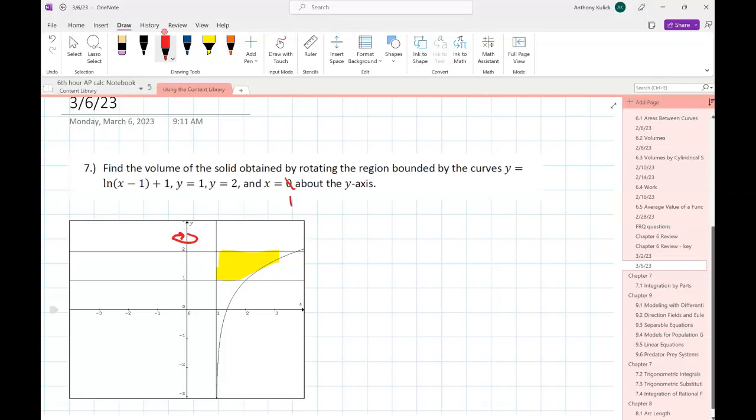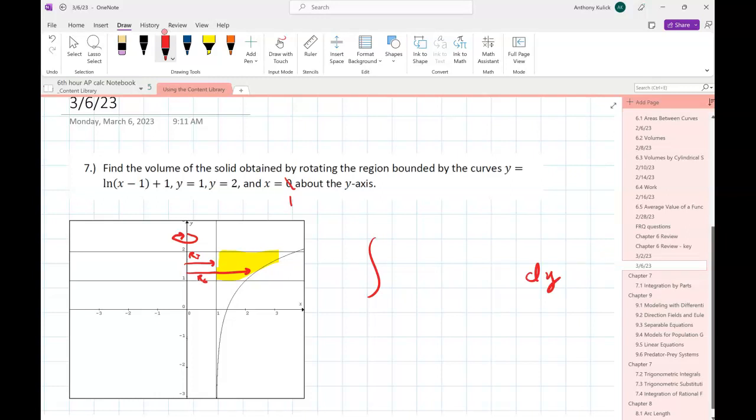So again, we're rotating about the y-axis, so my radius should be perpendicular, and my inner radius and my outer radius are different. So that tells me I can use a washer here. I don't need to do a shell problem. Everybody's good with that? And since I'm drawing perpendicular to the y-axis and I'm doing a washer, it's a dy problem.